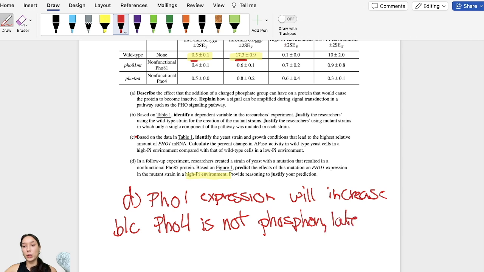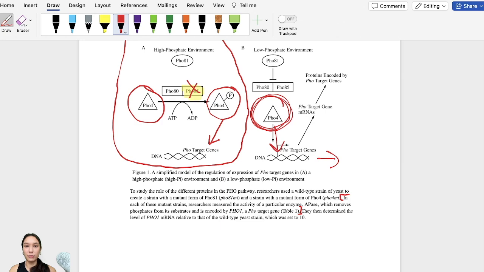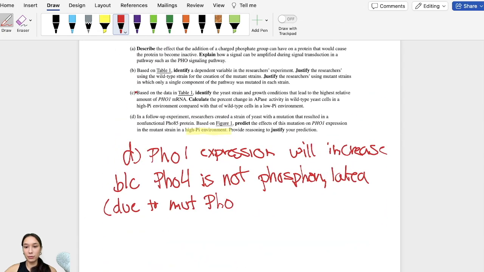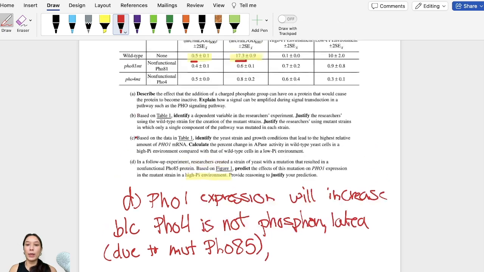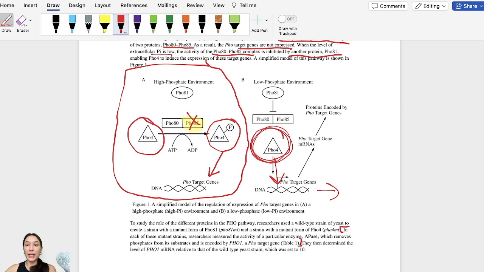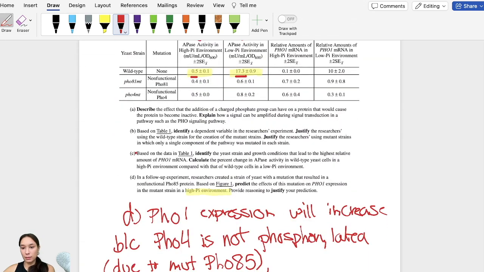So Fo4 is not phosphorylated, and then I'll just write due to mutant Fo85. And so now that it's not phosphorylated anymore, it's going to remain active. So Fo4 is now active to drive expression. This is a lot more than you have to write, but I just want to make sure this is clear because in my opinion, this is kind of the hardest one in the set.